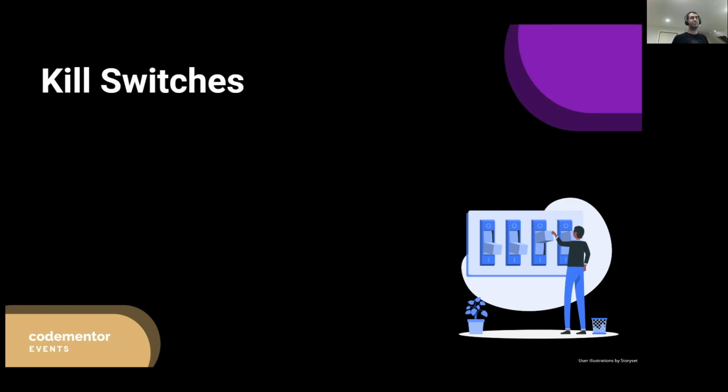To understand kill switches, we need to go outside of software for a bit and understand where they came from. So in industry, in heavy machinery, sometimes you have accidents, and accidents in these contexts can be quite dangerous. It can be life-threatening.